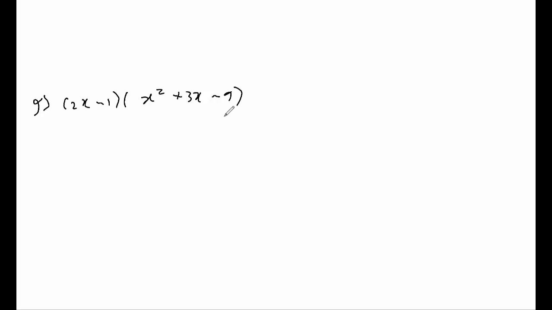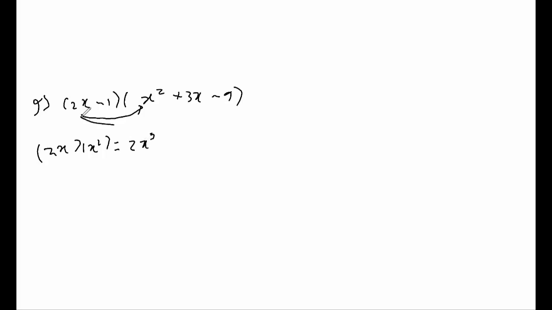Here I'm just going to use the straightforward distributive method. So first I'm going to distribute the 2x through this polynomial. So I have 2x times x squared, and I get 2x cubed.